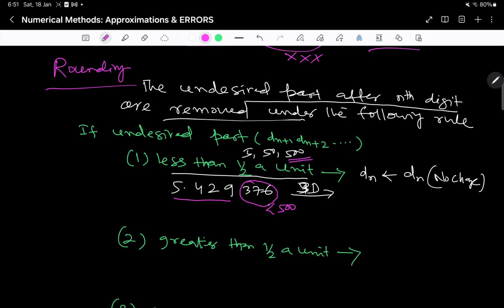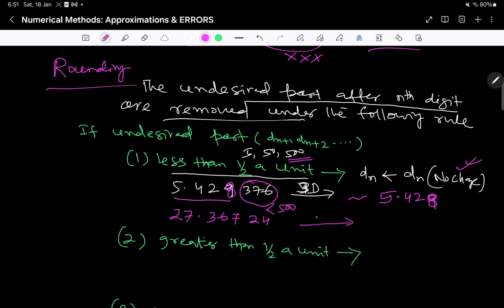Then what will be my approximation? The approximation of the number is 5.429, unchanged. No change, whatever is there. For example, suppose I say 27.36724.